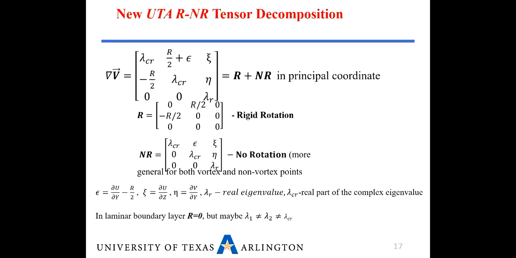Chen Xi also published a paper. That's not for this, this is the rotation point. Non-rigid rotation, NR. Rn is the rest part. This is still in the principal coordinates. Just for rotational points, it has two parts, two decompositions.